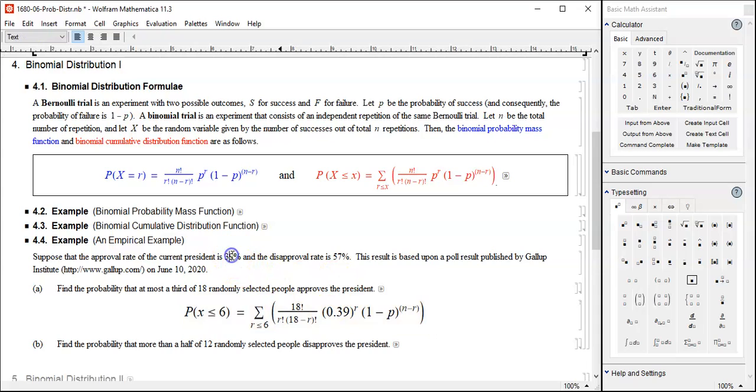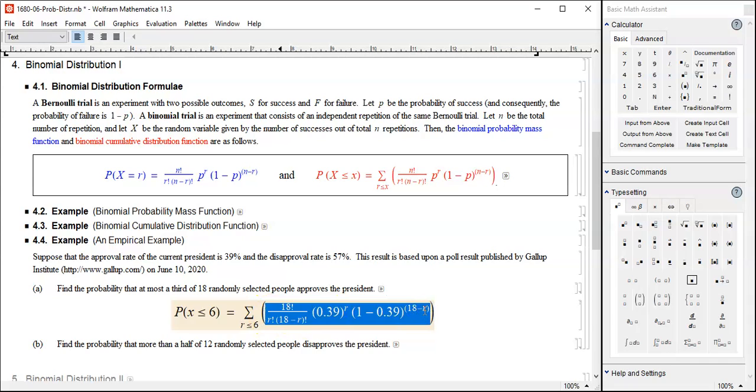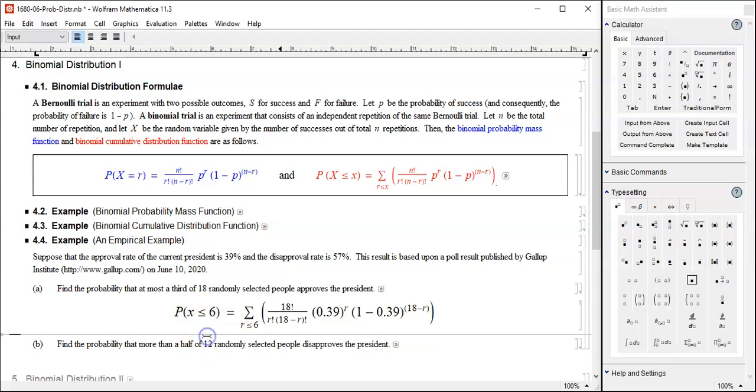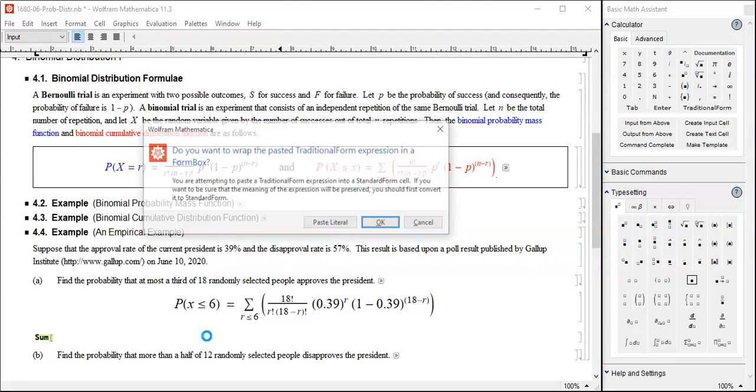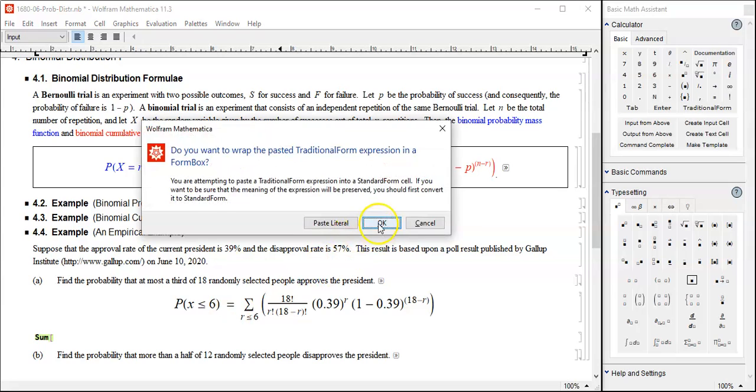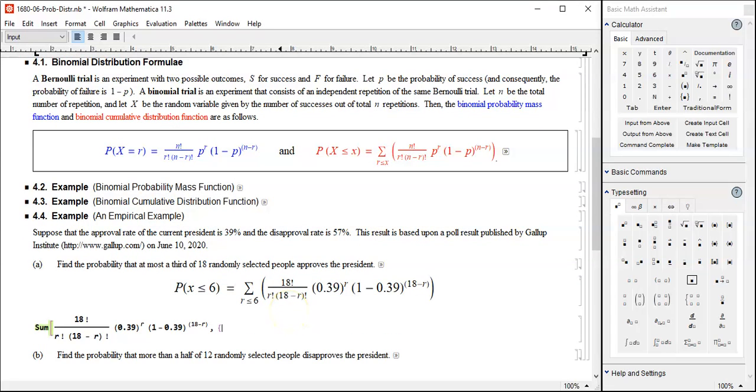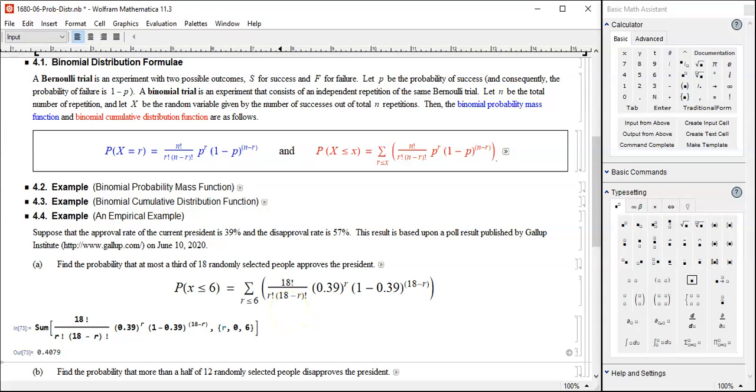Okay, 0.39. And then failure is 1 minus that, of course. And then 18 minus r, that's going to give me exactly r successes. And then sum them up for r going from 0 to 6. And we get the probability. And this is the estimation.